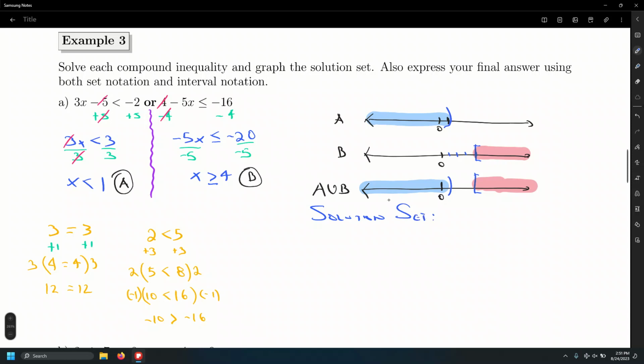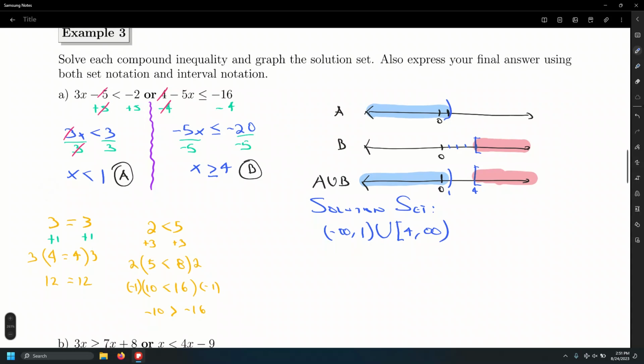That'll be using interval notation, the interval representing x less than 1, that is negative infinity to 1 with parentheses, and union with bracket 4 all the way to infinity. All right? So that's our solution set using interval notation.